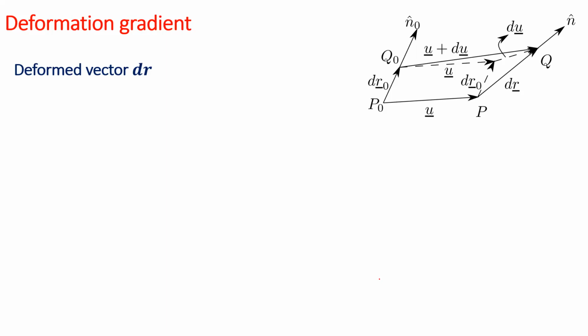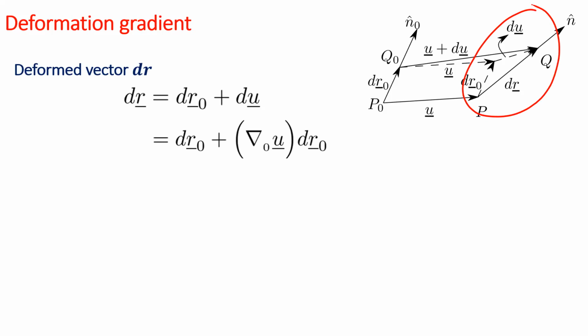The undeformed vector was P0Q0, which is given by dr0. dr I can write using this particular triangle as dr0 plus du, right? And du, which is the relative deformation, I can write in terms of the displacement gradient and the original relative position vector dr0. I can take this as common and I'll call this F. This F is the deformation gradient.